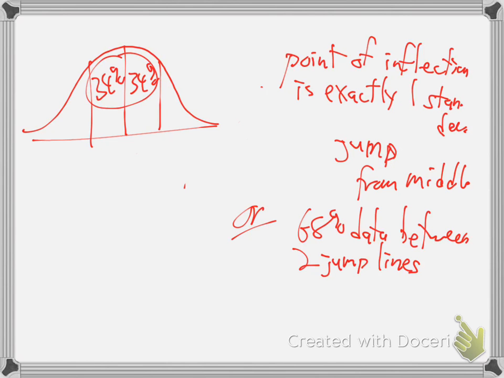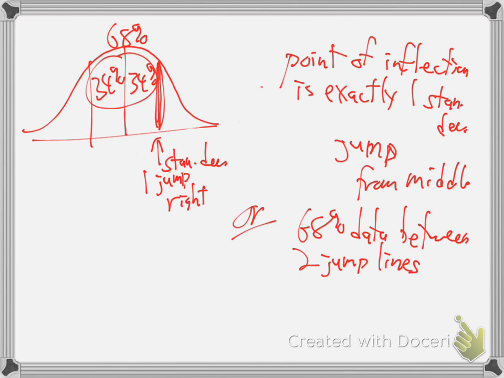So if they tell you, hey, these two are making 68, then yeah, that's for sure one jump, one standard deviation, ST, standard deviation. You with me? I want to write that out. One standard deviation jump right. It's got to be, if it's 68% of the data.